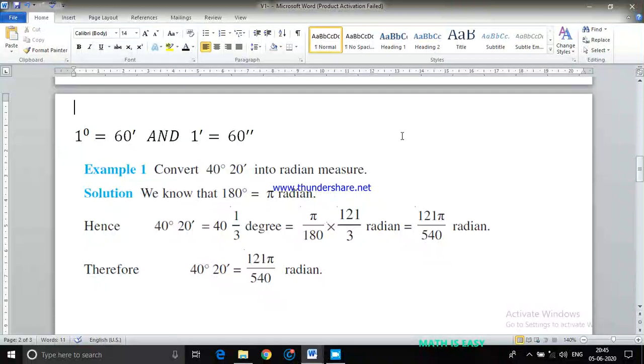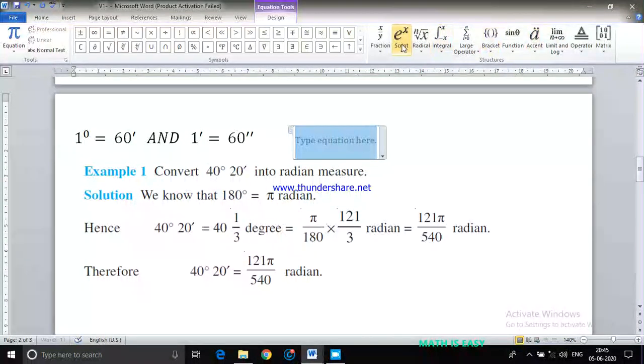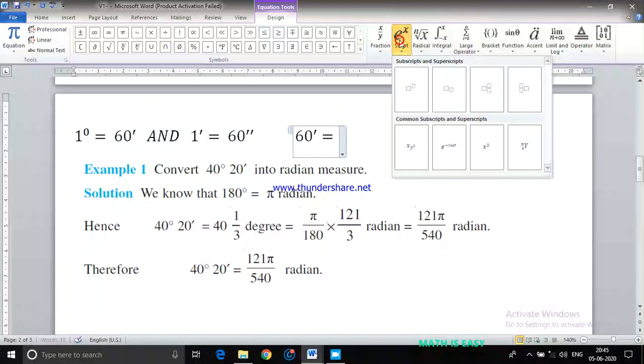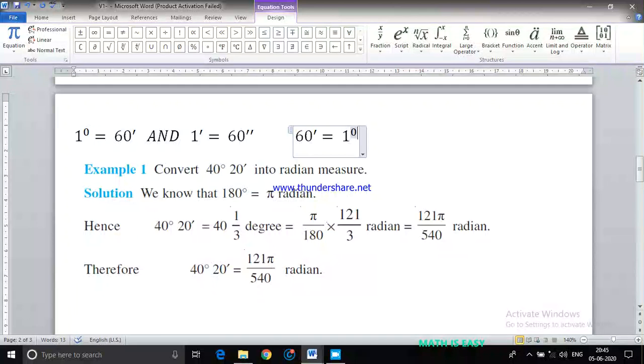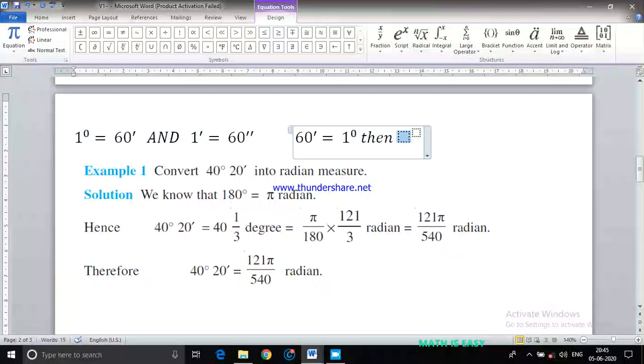So that way also you can solve. If you remember ratio and proportions, if you want, I'll insert and show you one. Here you have 60 minutes equals to 1 degree. Then we have 20 minutes.